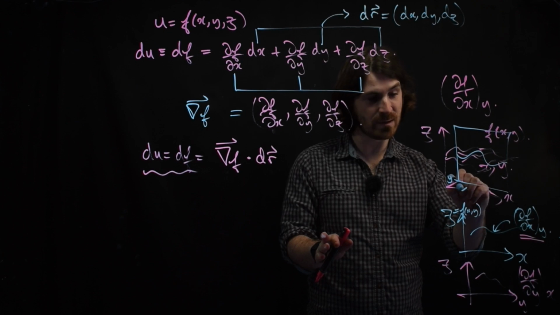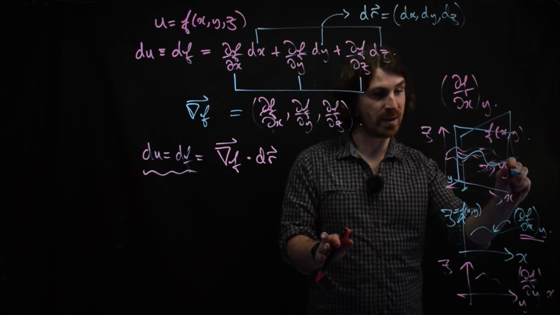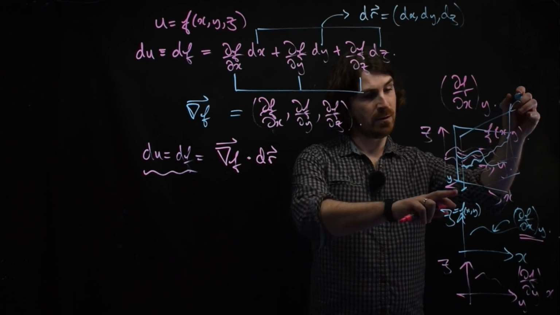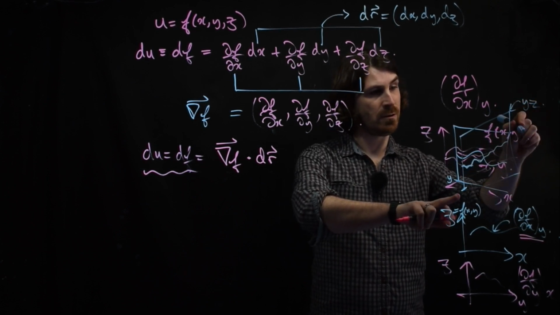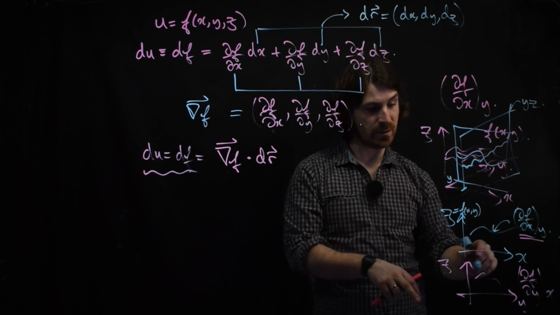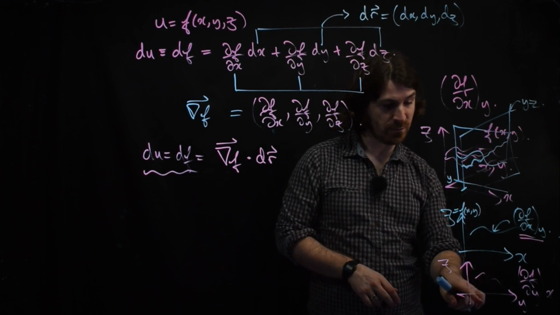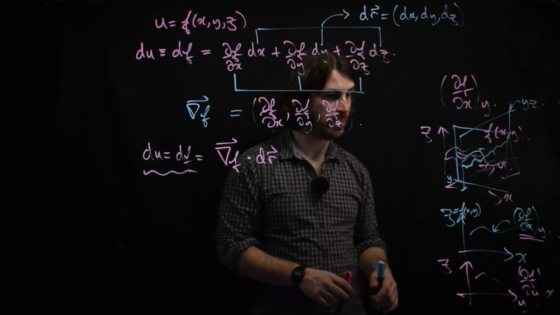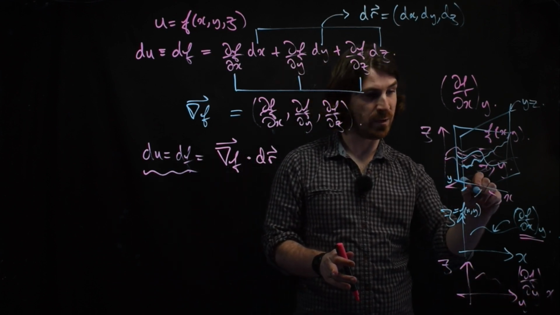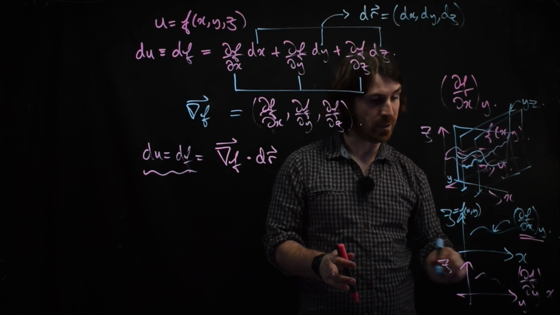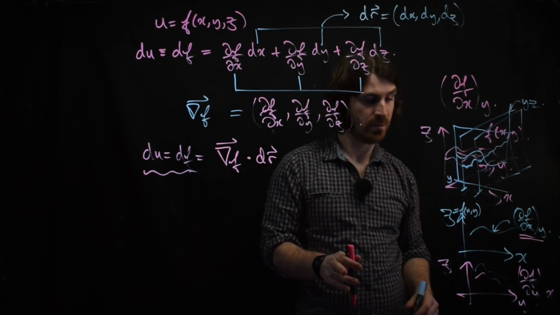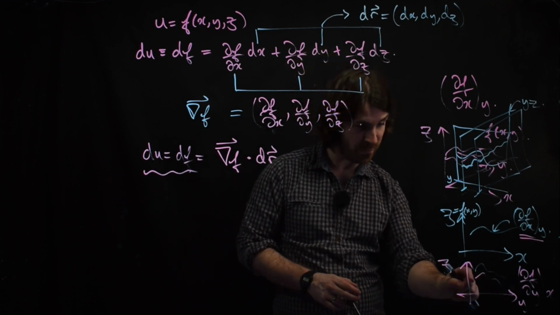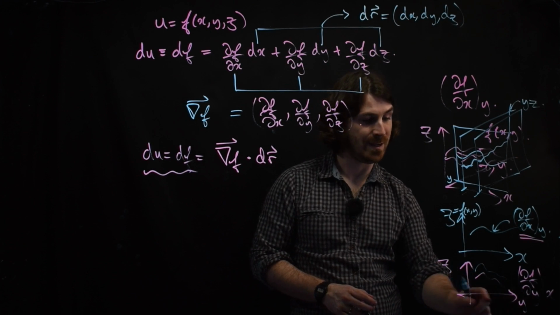We choose a value of x and draw a yz plane, and where that plane cuts the surface, you get this curve. The derivative of this curve is df by dy at this value of x. If we choose a different value of x, we choose a different plane and get a different curve.